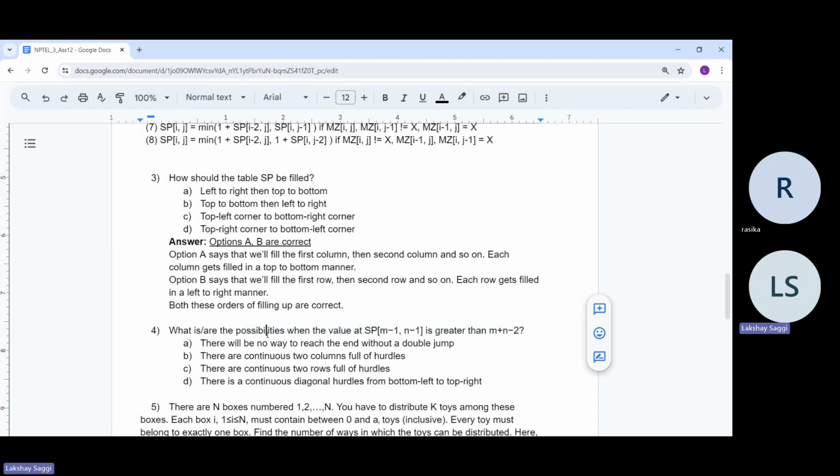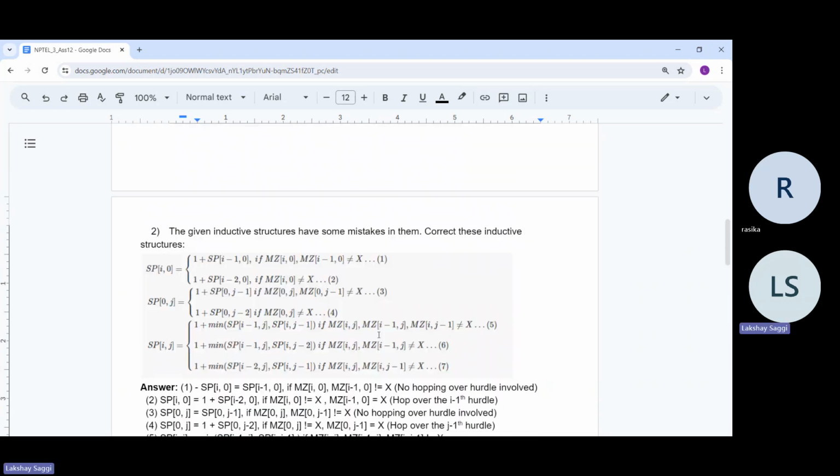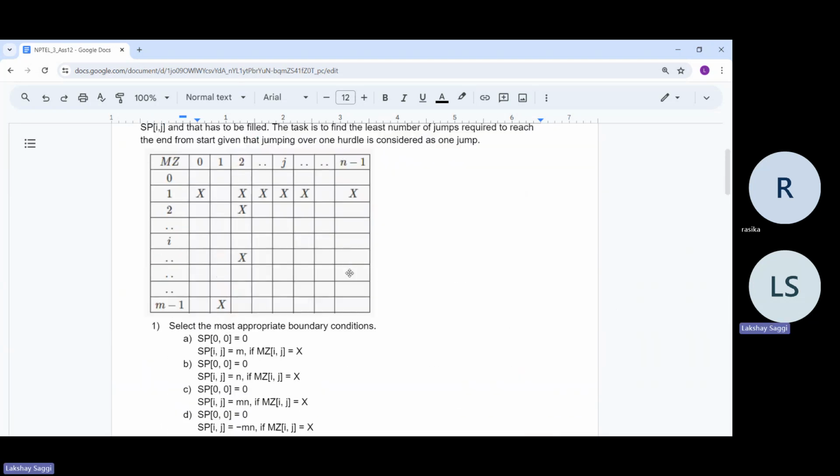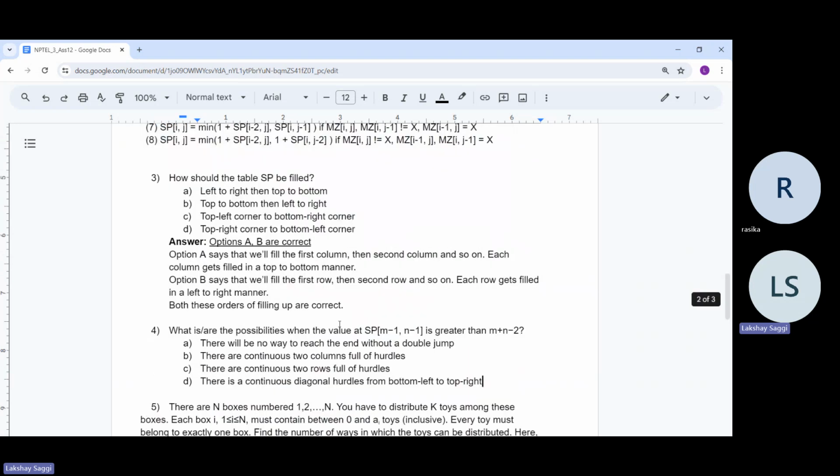So what are the possibilities when this value is greater than m plus n minus 2? Suppose what we obtain in the end is that the bottom right cell has a value greater than m plus n minus 2.